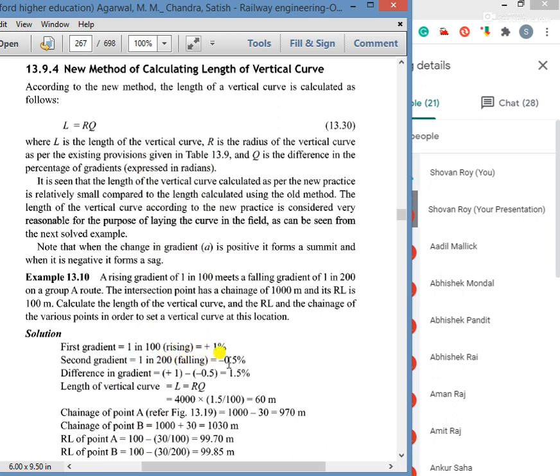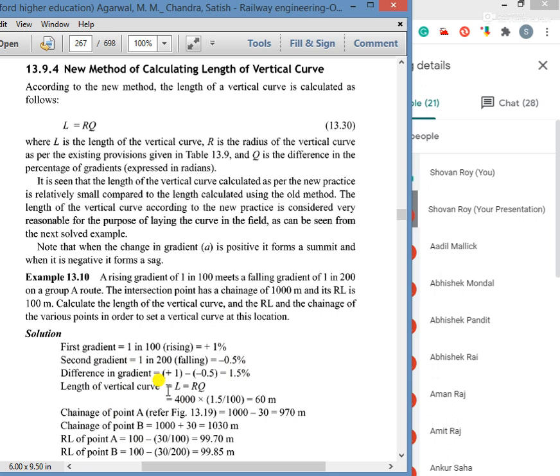Falling means negative 0.5%. Now, to find out the curve length, we need the difference in gradient, that is 1 plus 0.5, 1.5%. It is the difference in gradient.